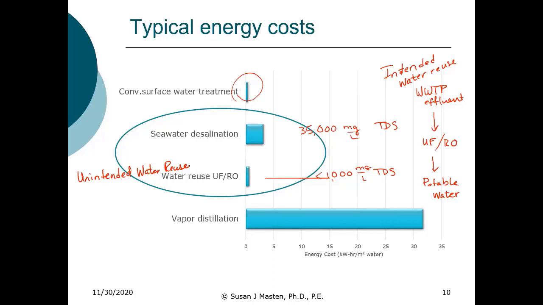So what's unintended water reuse? You have the East Lansing wastewater treatment plant. Where does the effluent go? To the Red Cedar. And where does the Red Cedar go? Does that go to Grand River? Mm-hmm. Where does the Grand River go? Lake Michigan. And who uses Lake Michigan water for drinking water?